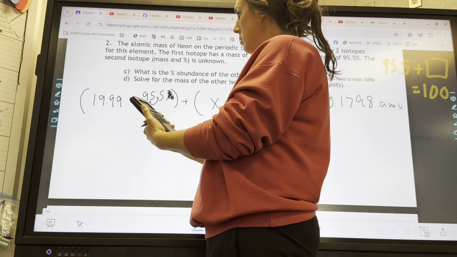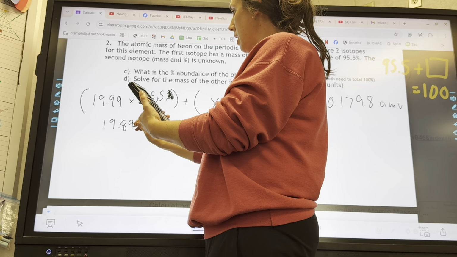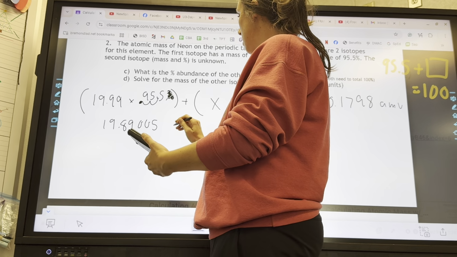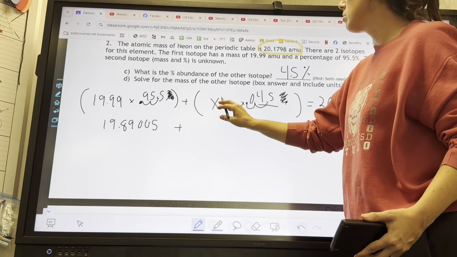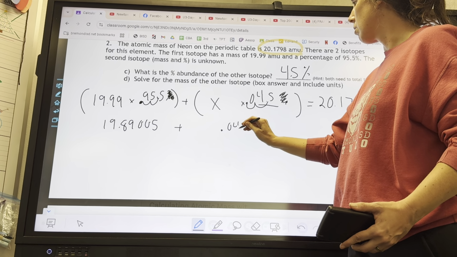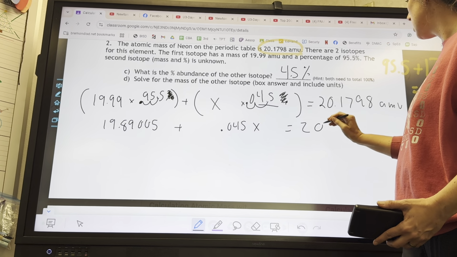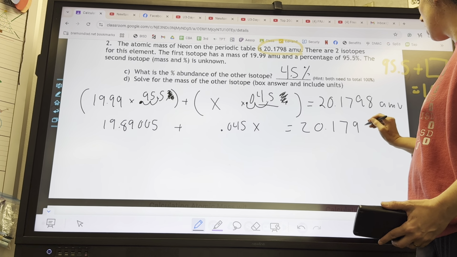When you multiply this out, this first number is 19.89005 plus, when you multiply x times 0.045, it's 0.045x equals 20.1798.